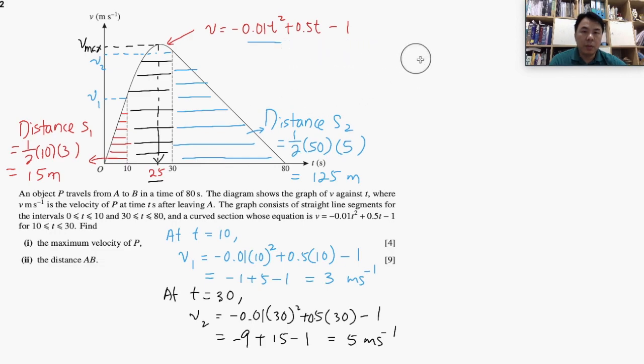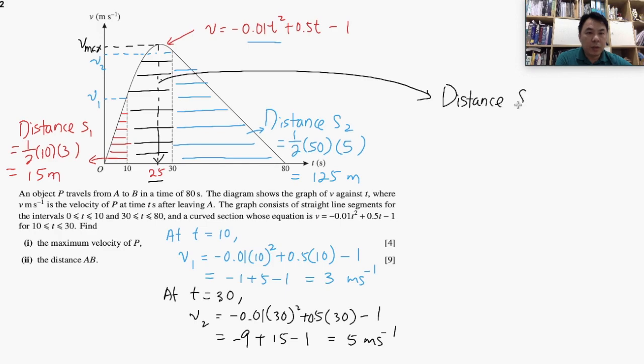Okay, we're going to apply calculus methods again to find out the area under this curve. So this area here, I'm going to draw it down here. Distance S3 is given by the integration between 10 to 30.